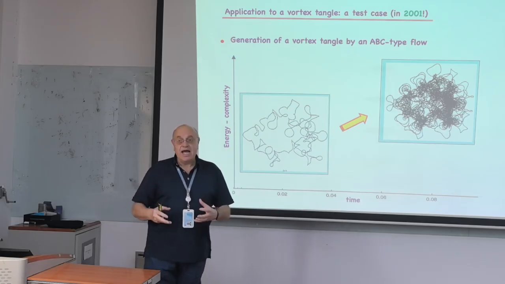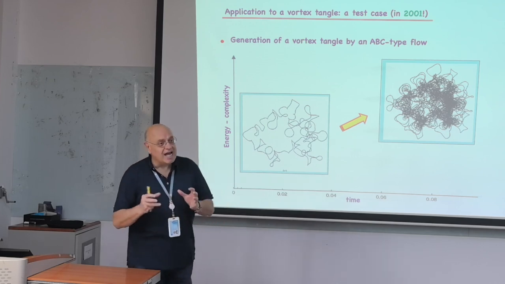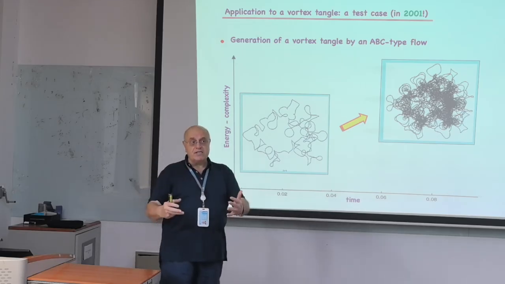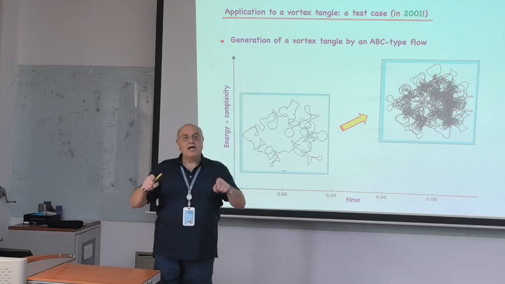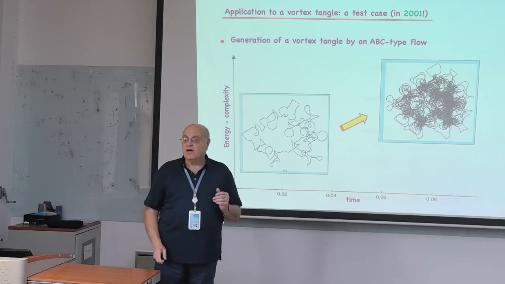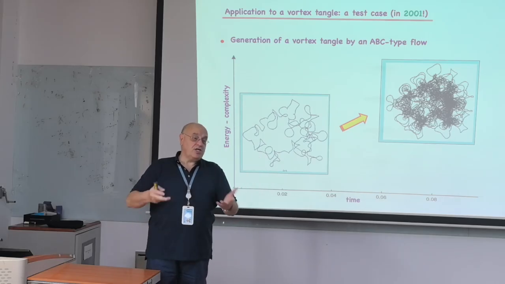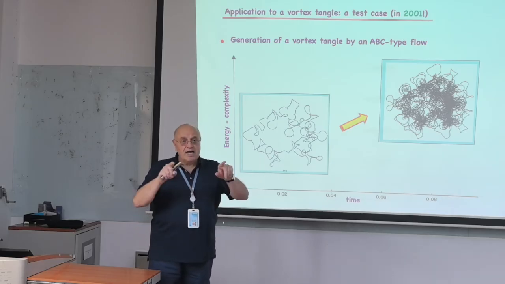At the time, the way to obtain this high entanglement was either to run a simulation to produce turbulence, or to start with something simple and superpose what is called an ABC flow. ABC stands for Arnold, Beltrami, and Childress. Childress is still alive, a professor at the Courant Institute, now retired.